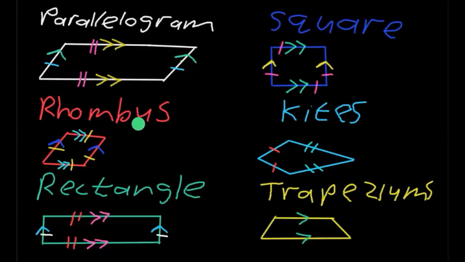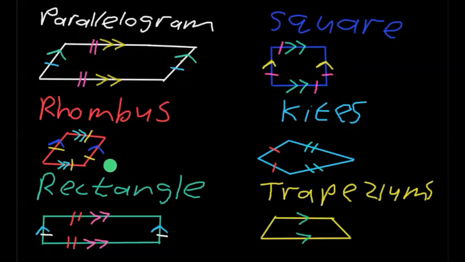So now let's focus on the properties of a rhombus in terms of the sides. The rhombus is similar to the parallelogram in that both pairs of lines are parallel to each other, but it differs from the parallelogram in that we can see for these yellow lines there are 4 of them, so it means 4 of the sides have the same length, whereas for a parallelogram it's not necessarily the case.